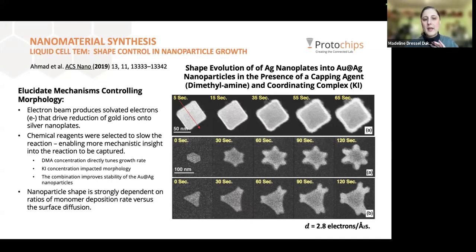They were able to tune the compositions to improve stability of the particles. What they're really trying to figure out is what controls these mechanisms during the growth phase. They found that the nanoparticle shape is very strongly dependent on the monomer ratios, deposition versus surface diffusion. And there are a lot of different examples like this in the literature.